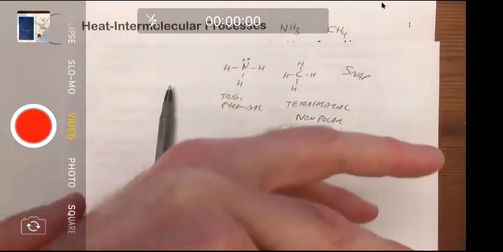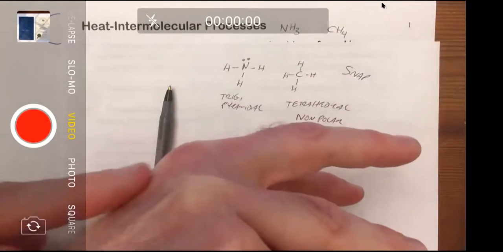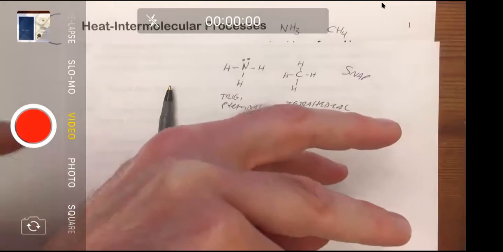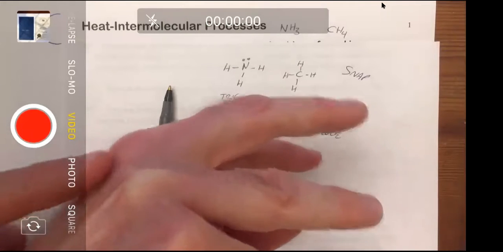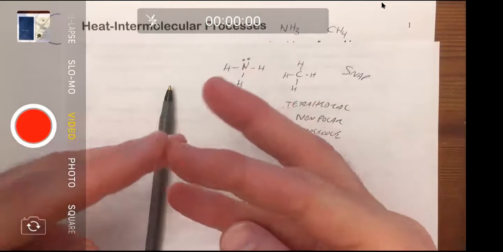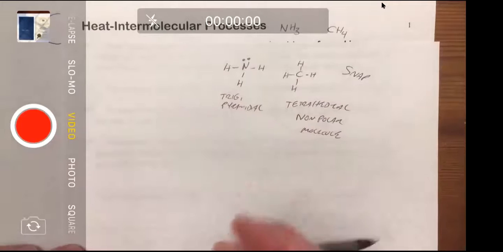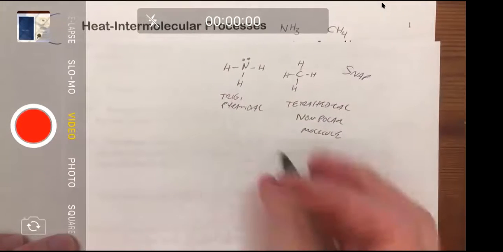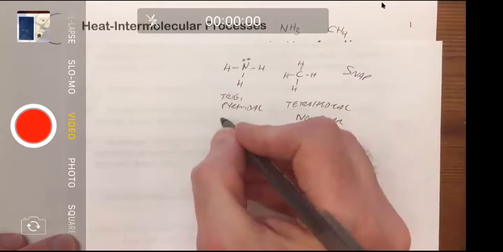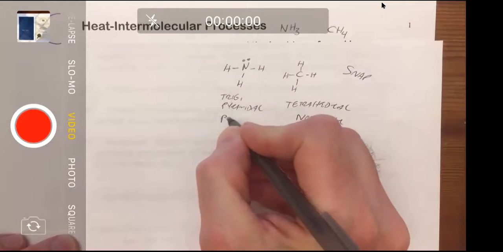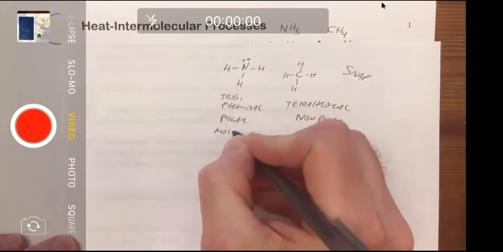This is really hard to do on the screen. Then there's that lone pair sitting up here. If I approach it from this side, I hit the lone pair. If I approach it from this side, I hit those 3 hydrogens. Is that the same or different there, Chris Short? Asymmetrical. It's asymmetrical, so it would be polar or non-polar? Polar. There you go.